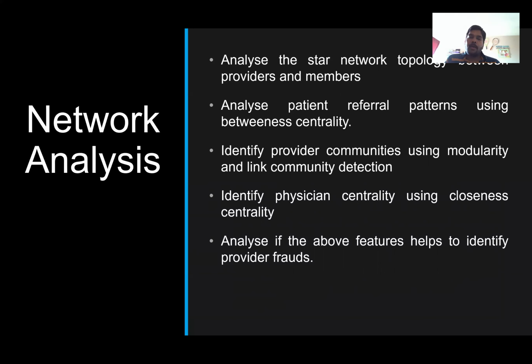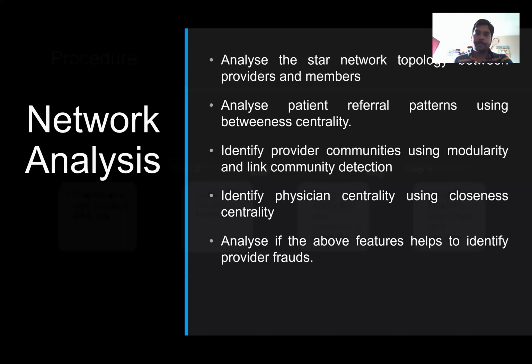Physician centrality was found to map to the closeness centrality of the providers. The more closeness centrality the provider has, the more physician centrality the model ended up with. And finally I analyzed if all these features help in identifying fraudulent providers.